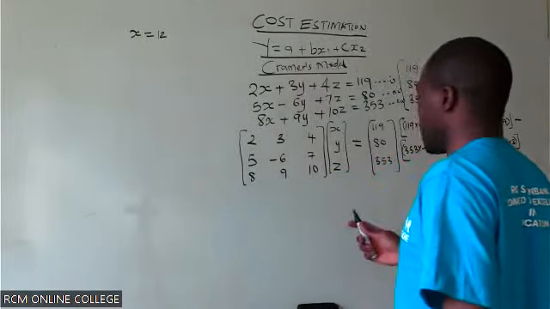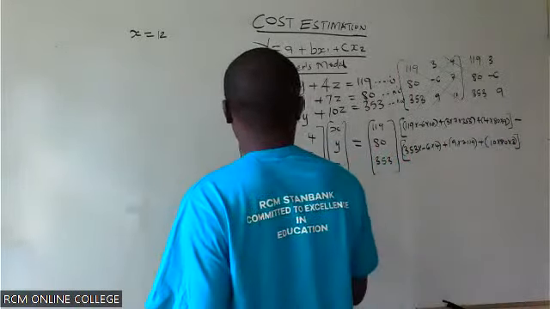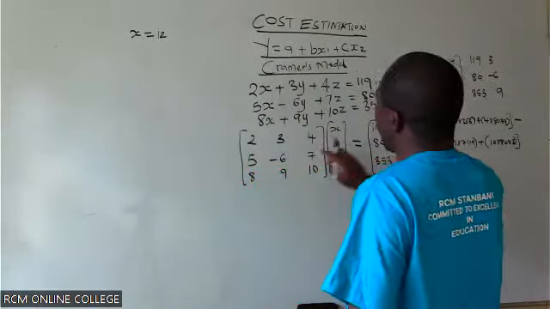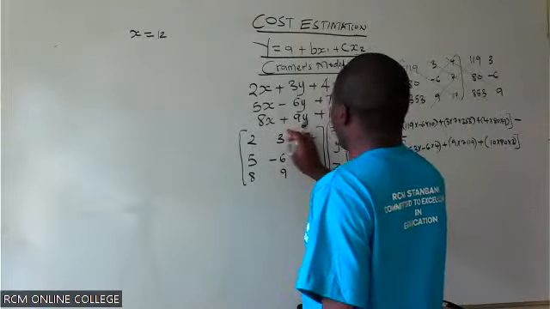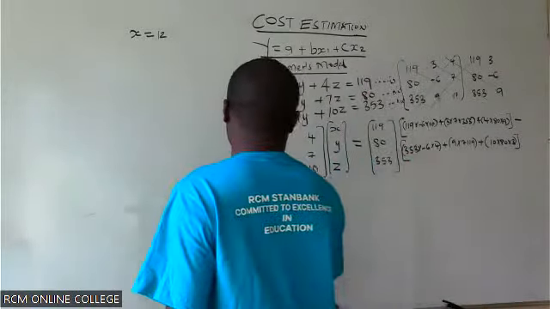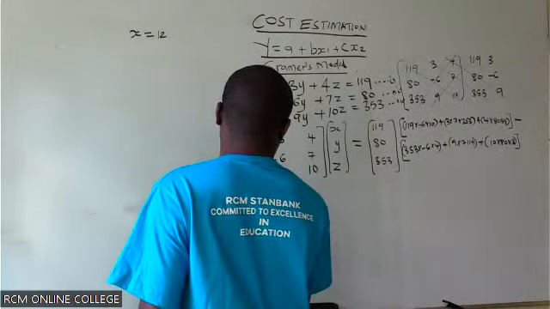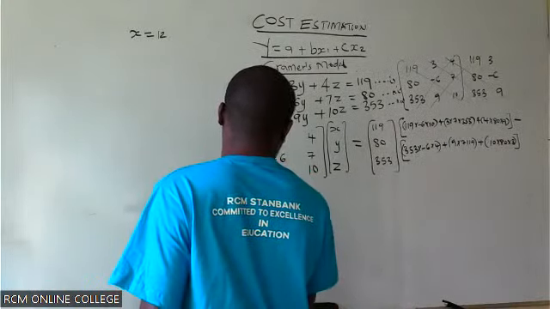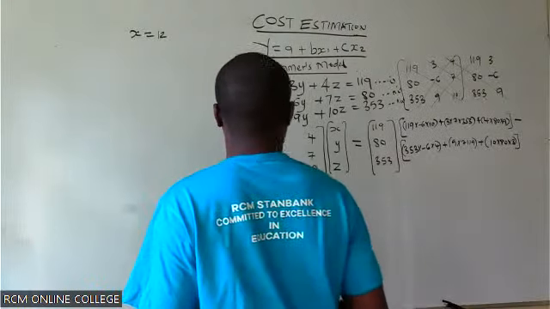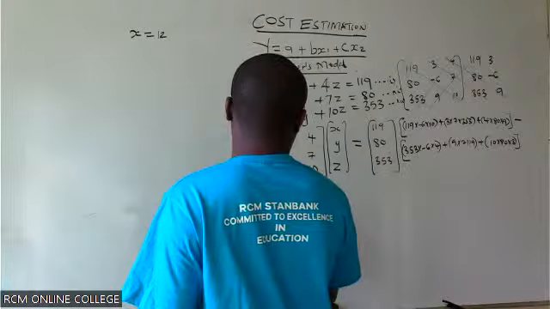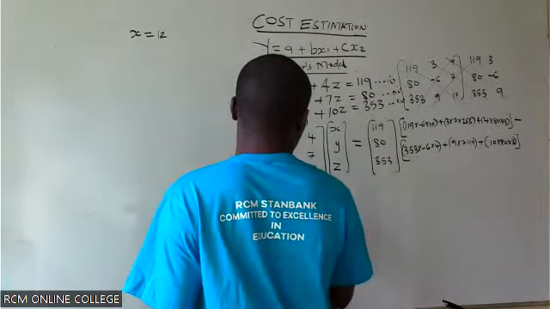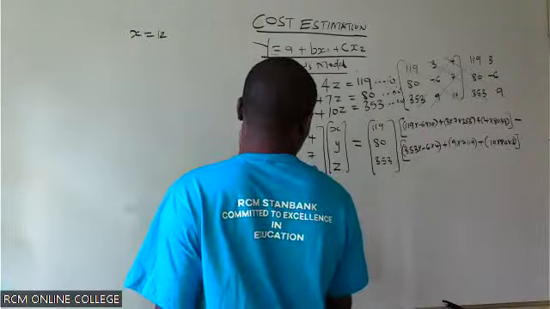So the second one, I will come here and indicate my matrix, but because I want to get the value for the second one, I will simply replace this with the summation which is here. So what am I going to do? I will have 2, 5, 8, 3, negative 6, 9, 4, 7, 10.